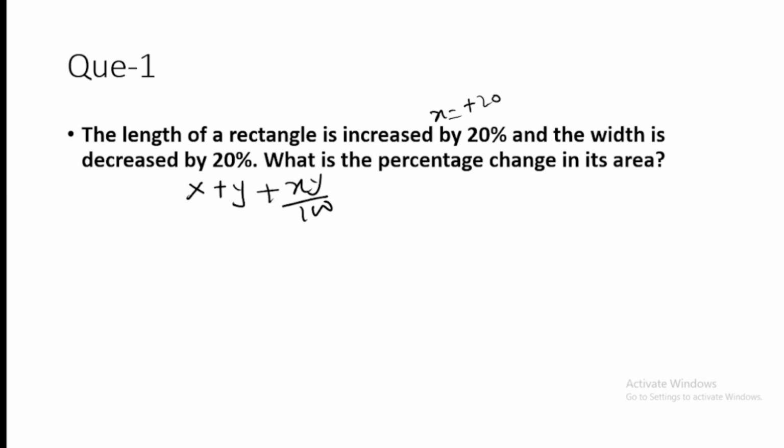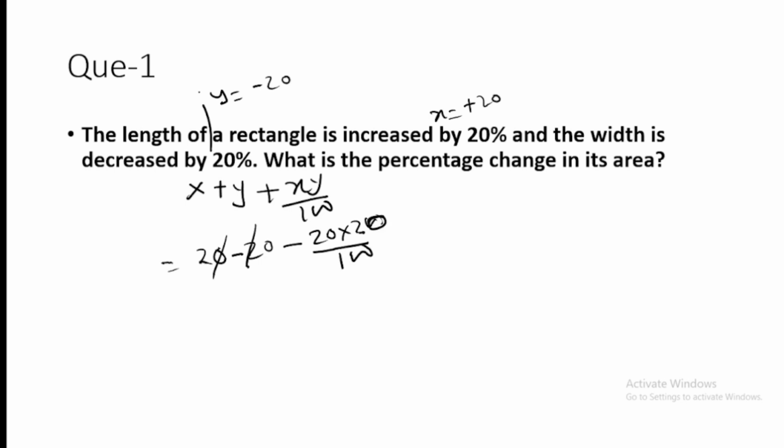And what happens to the width? The width is decreased, so y is equal to minus 20. The sign of the last term will be according to the signs of x and y. Since x is positive and y is negative, it will be negative. So in this formula we directly put, we can do it mentally also, 20 minus 20, and the product will be minus because positive multiplied by negative is a minus sign, divided by 100.